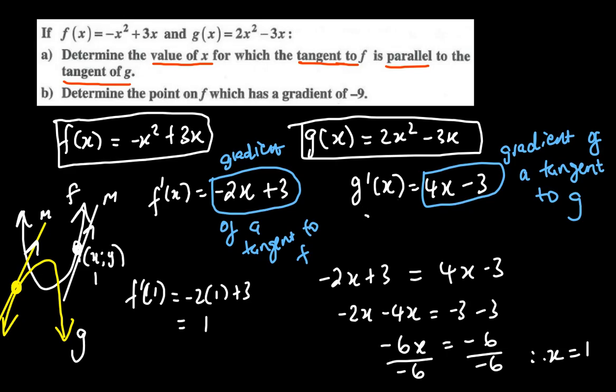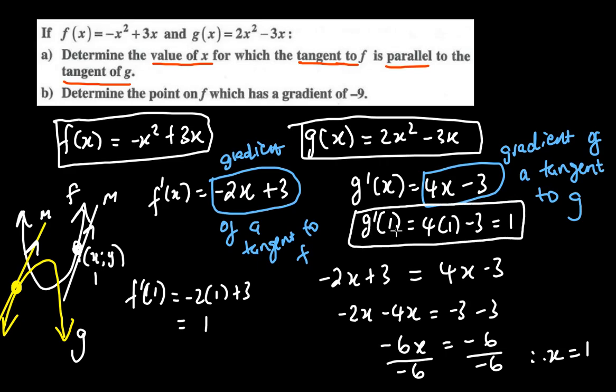If I substitute x as 1, I get 4 into 1 minus 3, which is 1. So do you see that the gradient of a tangent to g is the same as the gradient of the tangent to f? Both have a gradient of 1. So that is only possible at an x value equal to 1.